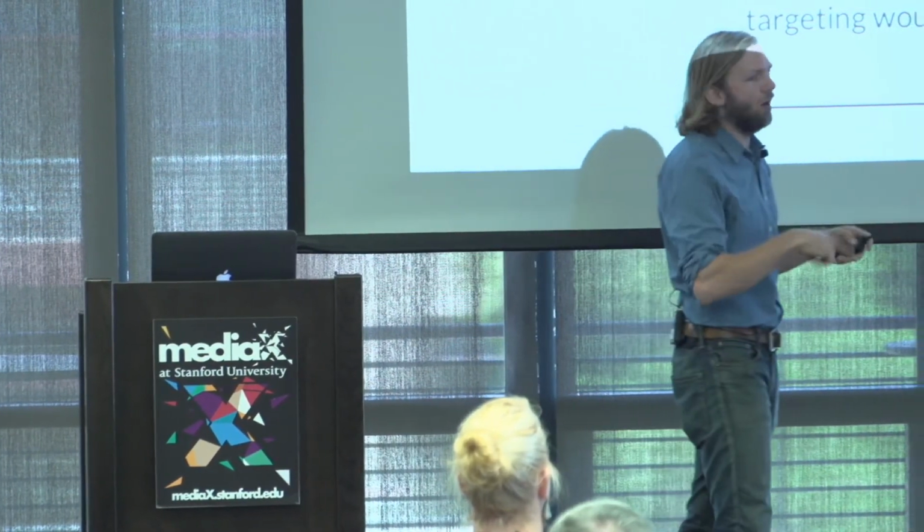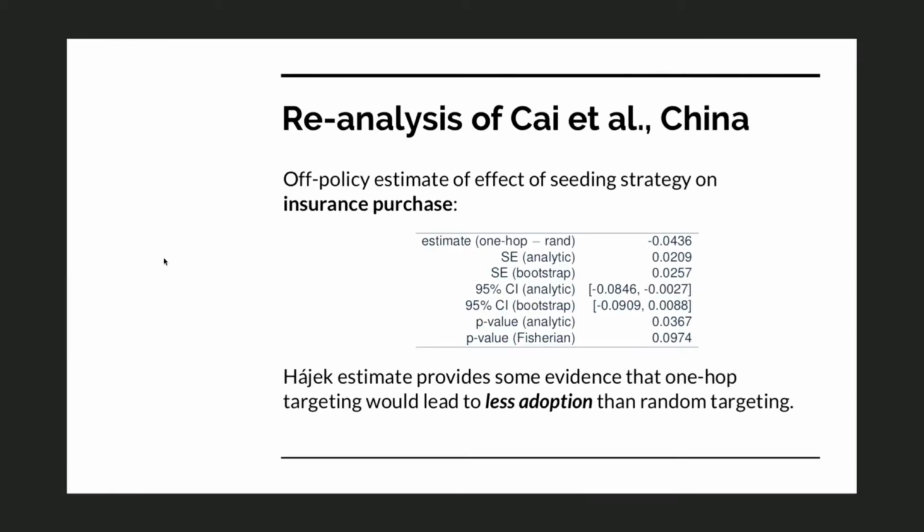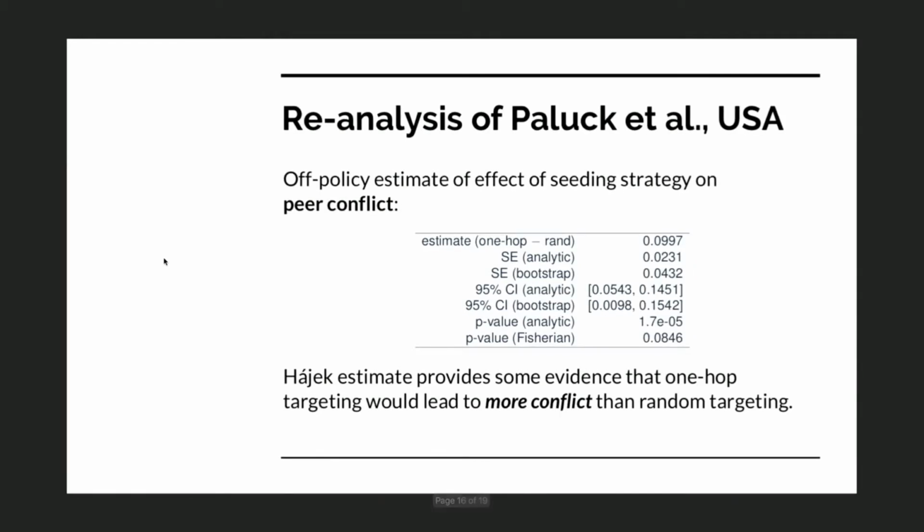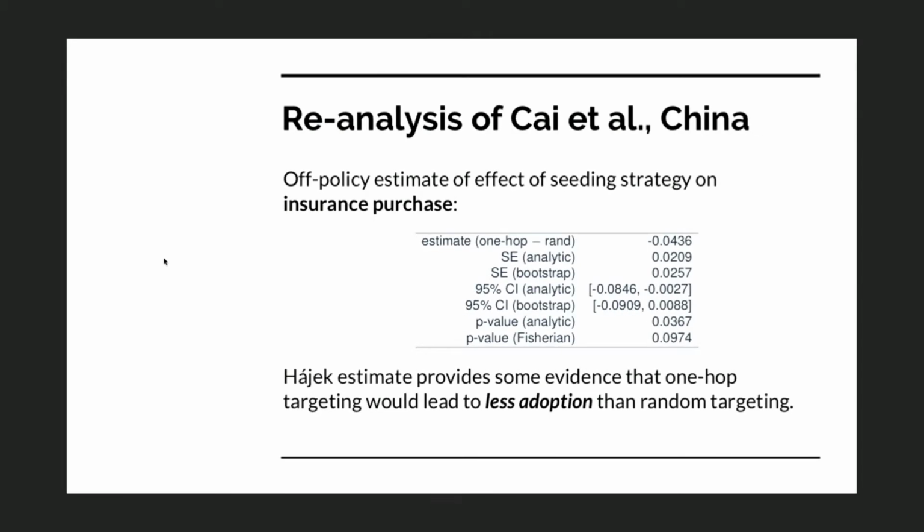And the big difference between our analysis and the previous analysis is that we're putting confidence intervals where we're actually able to not reject 0 in the opposite direction of what we thought we were going to reject it. It turns out, with the Hayek estimator, which is something we're using, that one-hop targeting would lead to less adoption than random targeting.